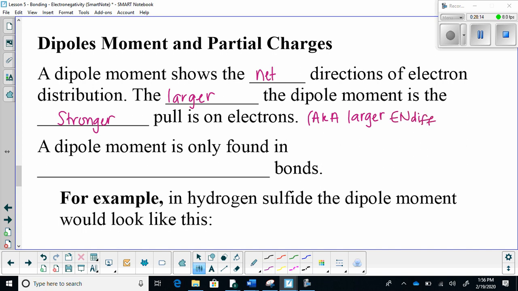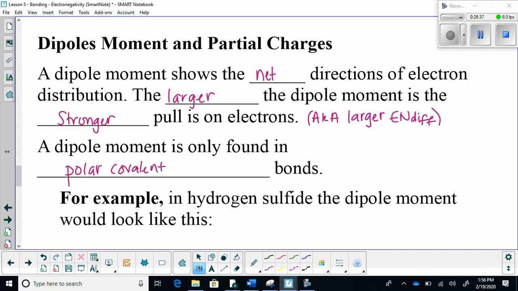The larger the difference, the bigger the arrows are going to be that we draw. A dipole moment is only found in polar covalent bonds. We do not draw them for nonpolar. We do not draw them for ionic. We only draw them in polar covalent bonds.